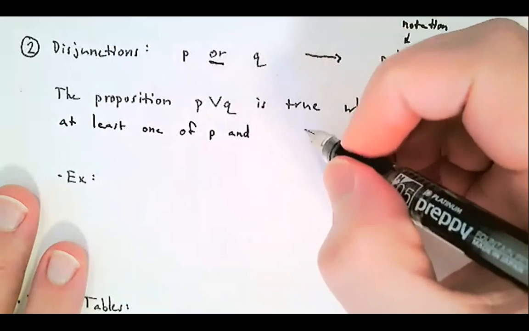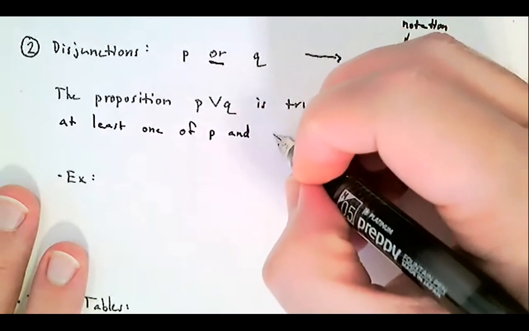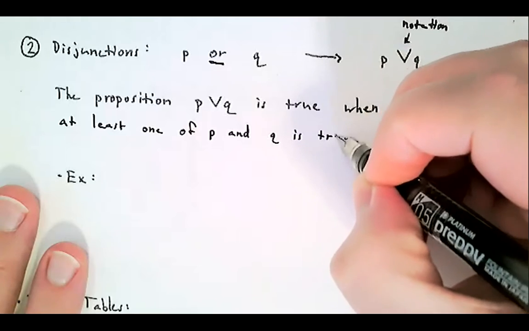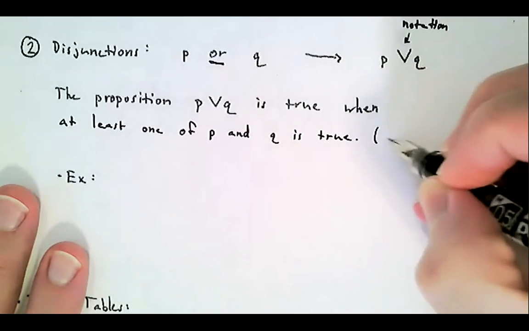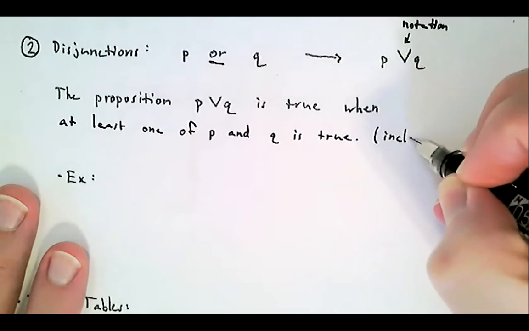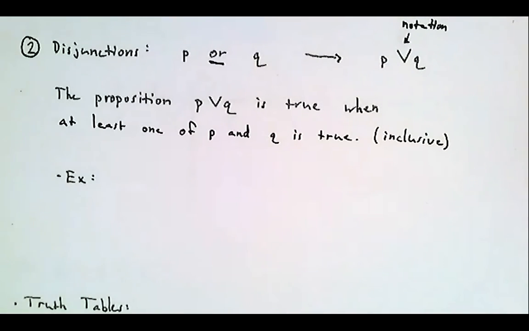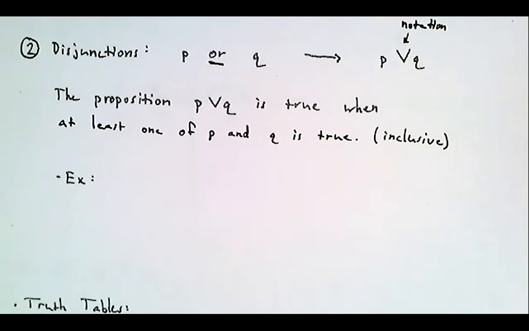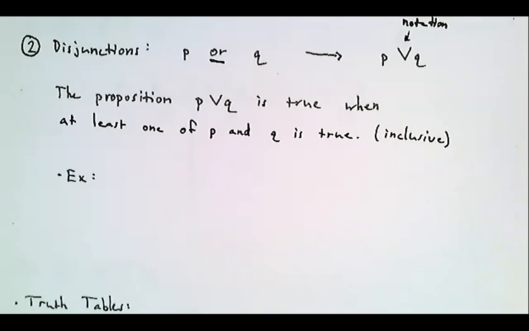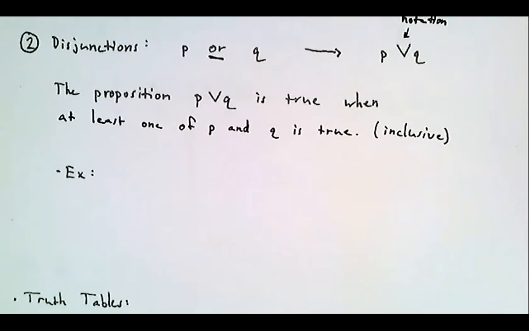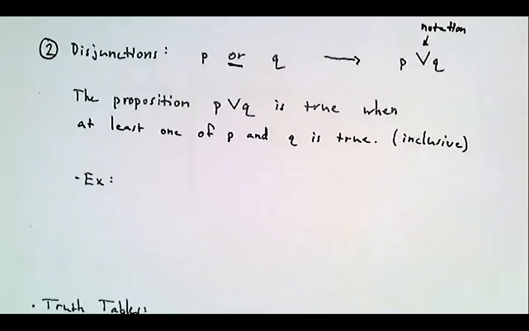Right, so Caden, it is the inclusive or. So often when we're just speaking, when we say or, we mean either or. So either this or that, and that would be the exclusive or, where you're saying only one of the two is true. But in this case, you can have either one be true, or even both.